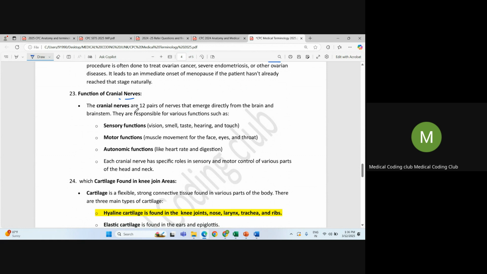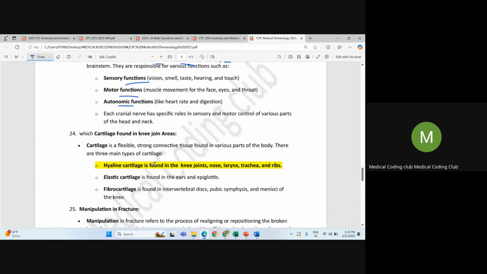Please go through it. Cranial nerves are the 12 pairs of nerves that emerge directly from the brain. You can go through autonomic function, motor function, and sensory function.